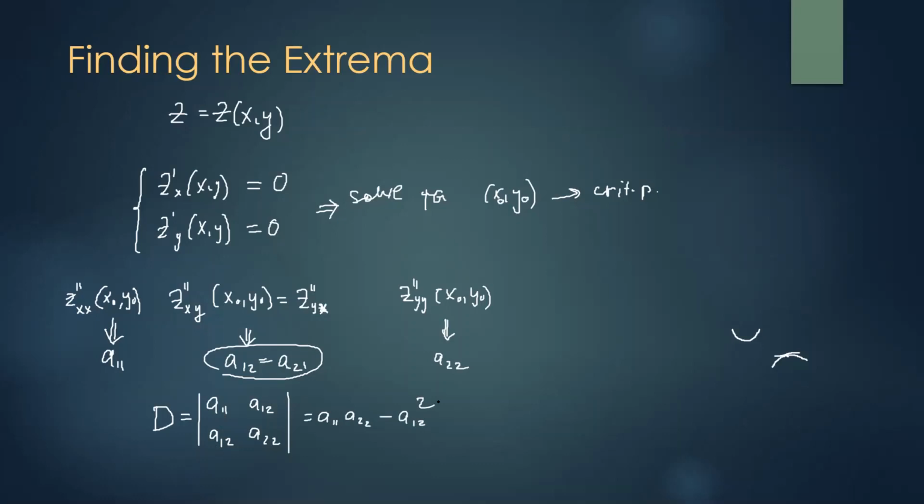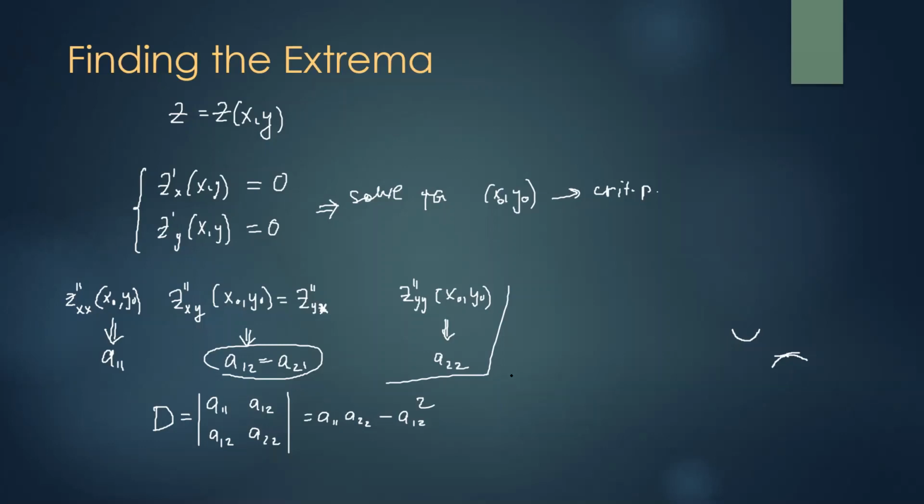We have this. And now we consider this determinant. This determinant, totally taken together, actually characterizes, in many cases, not always, the nature of this potential, of this critical point, of this possible minimum or maximum point.